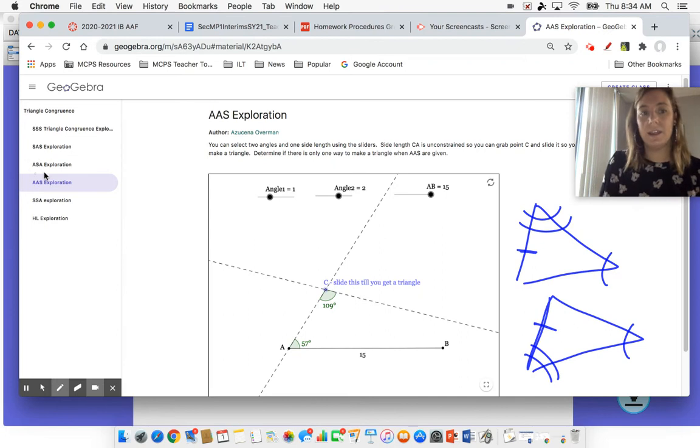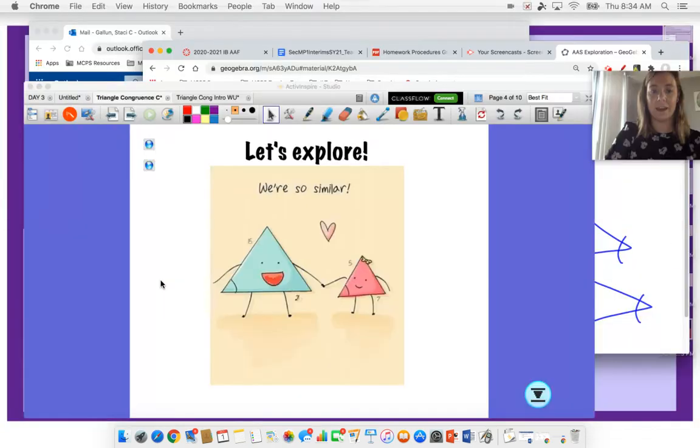Non-included side, included side. Side between them, side that they share, side that's not shared by them is what we know. And we only need these three pieces of information in order to conclude that there is no other option. Everything else that corresponds must be congruent, right? It's a shortcut.